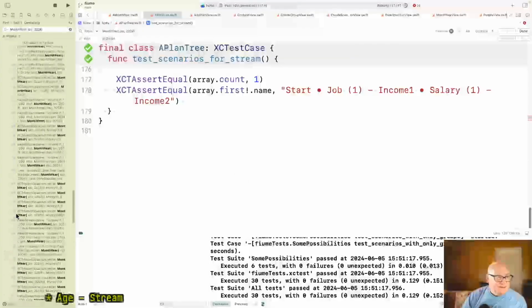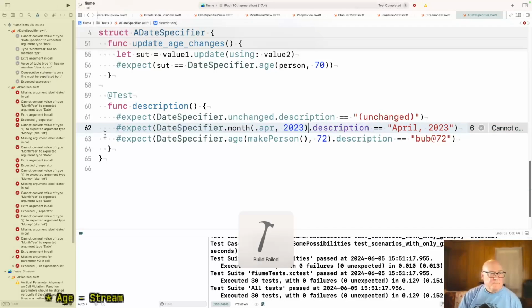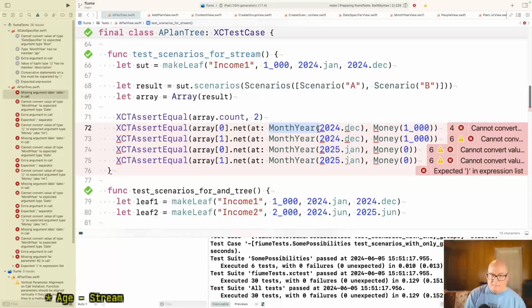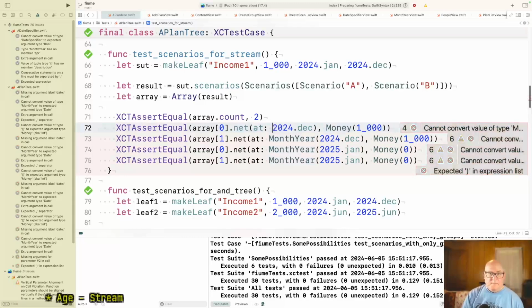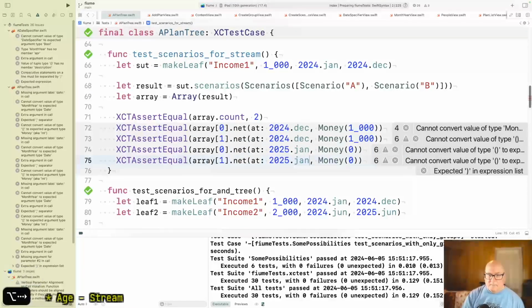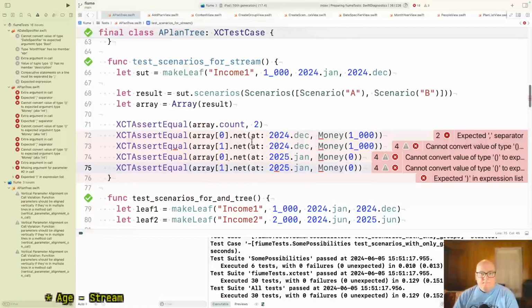That was plant tree. Oh, golly. Missing a paren.